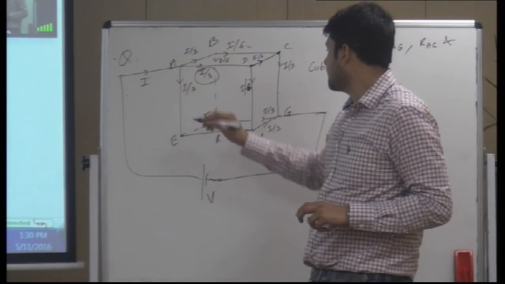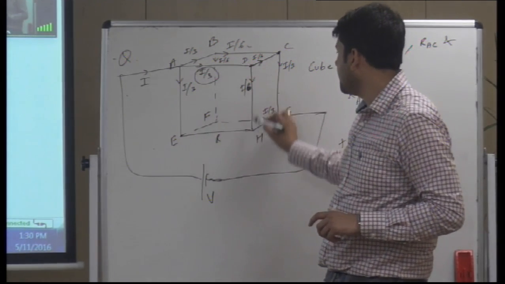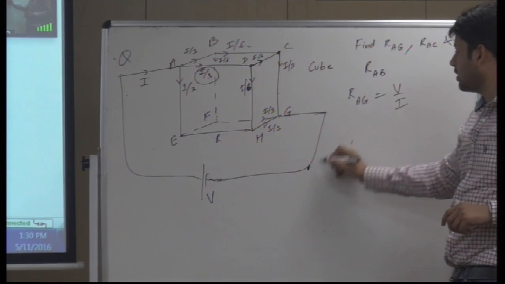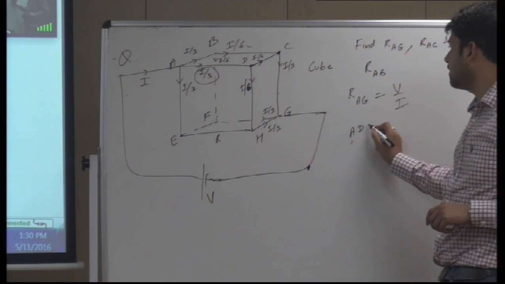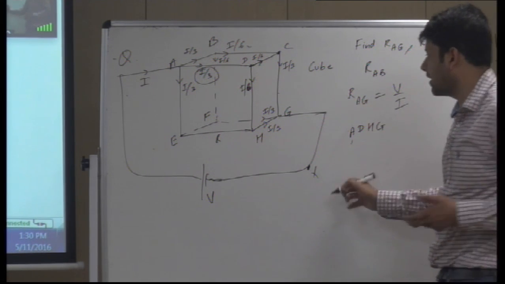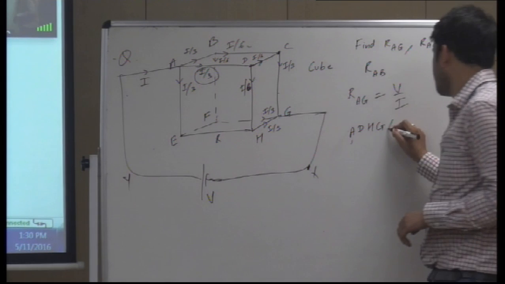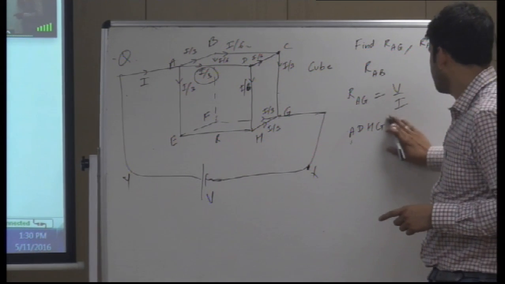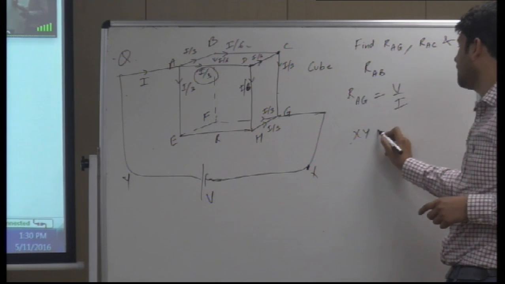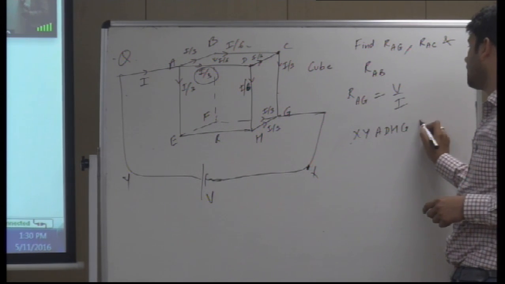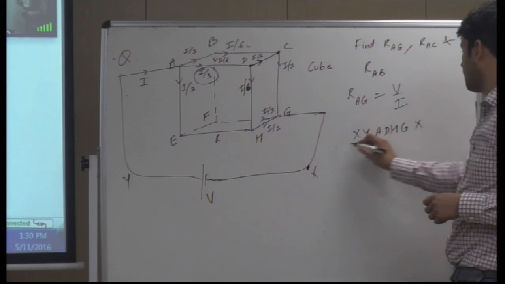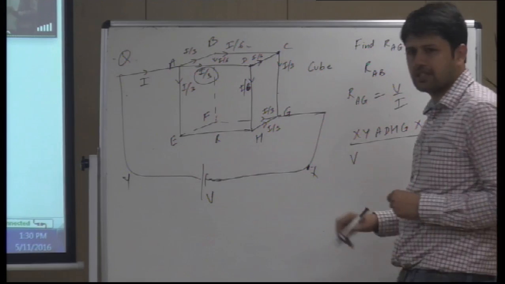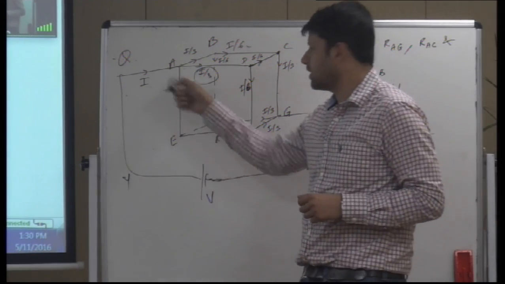Now let's take the path A, D, H, G. Okay, so the loop is X, Y, A, D, H, G, again X. Okay, this is the loop. So X to Y, you got plus V. From Y to A, nothing.